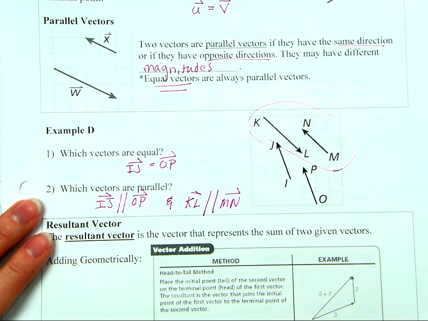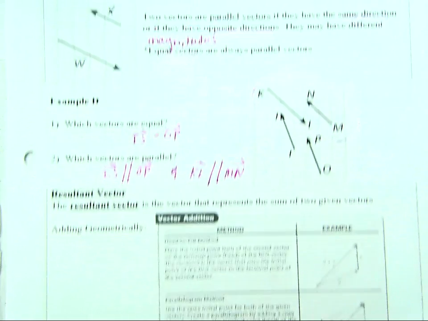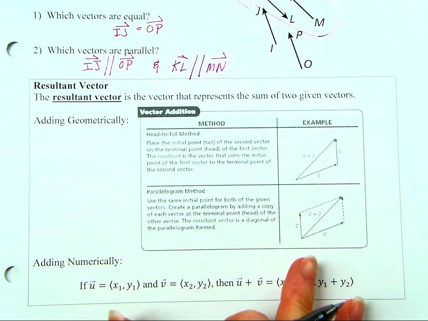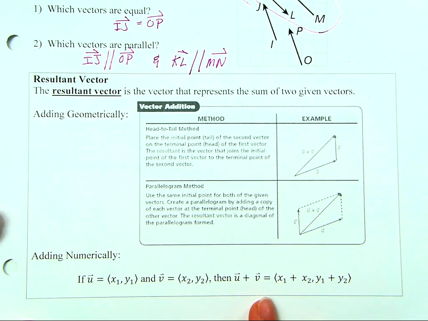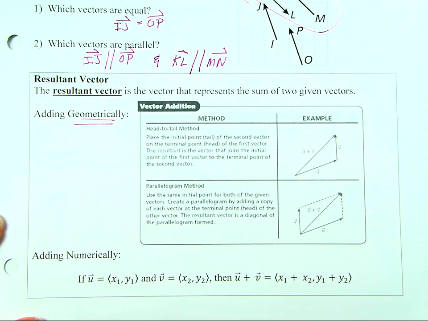Okay, we can also talk about taking two vectors and adding them together. When you add two vectors together, you are finding the resultant vector. When you add them geometrically, if you have them drawn out, there's two ways that you can think about doing this.